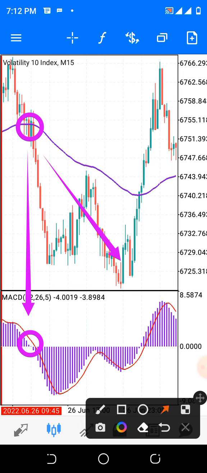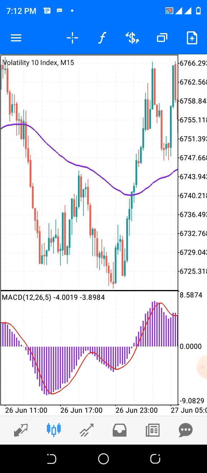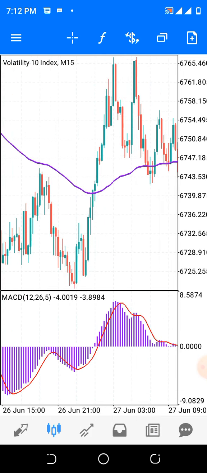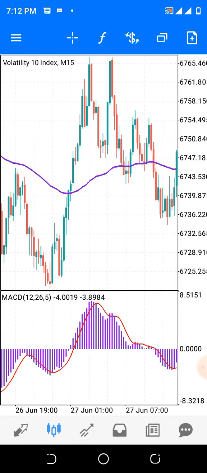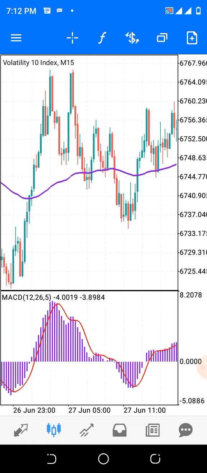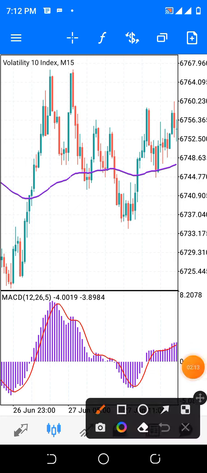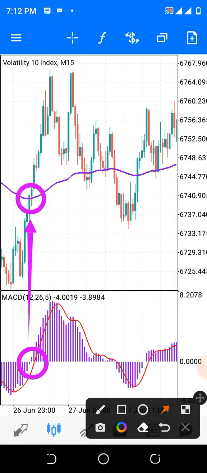Do you understand? All right, let's move. Now, observe again, you will see that there is a simultaneous crossing of MACD, and at the same time, the candlestick is crossing the moving average. So, you take your sell position. Do you understand? We move.